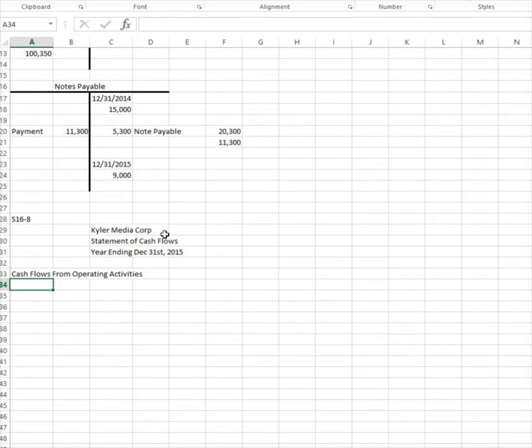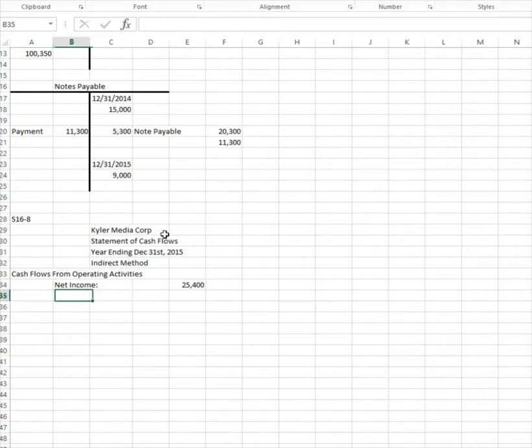And I probably should have put up here that we are using the indirect method. Because we're using the indirect method, we start with net income. And if you look back at the information on page 973 in the income statement for the year of 2015, we're given that the net income was $25,400.